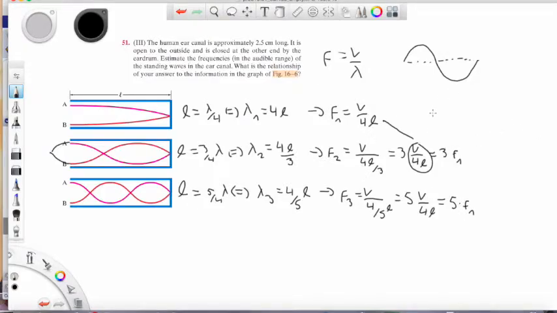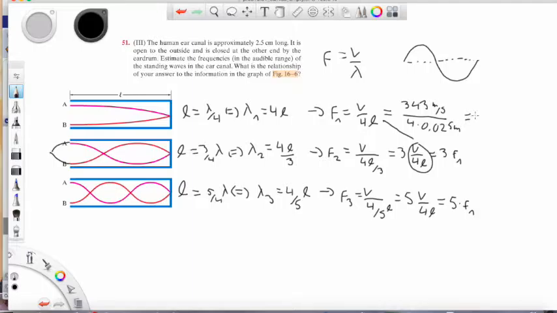Now we are pretty ready to plug in the numbers, so let's calculate the first one. We know that the velocity in air is 343 meters per second, divided by 4 times the length of the canal, which is 2.5 centimeters, 0.025 meters.